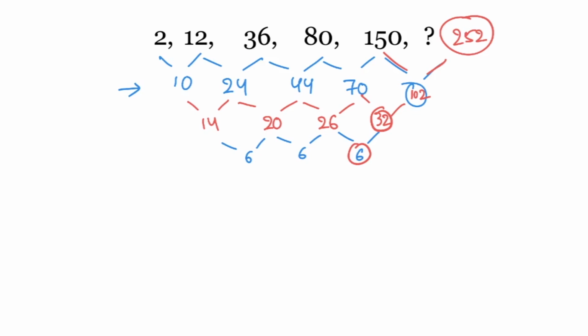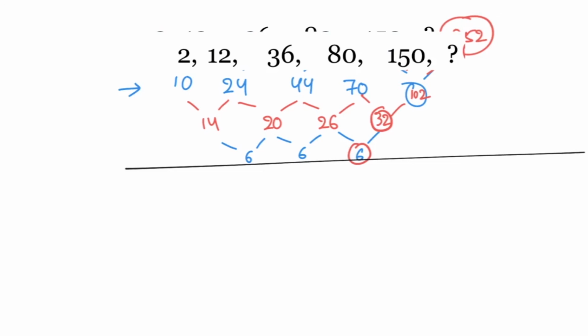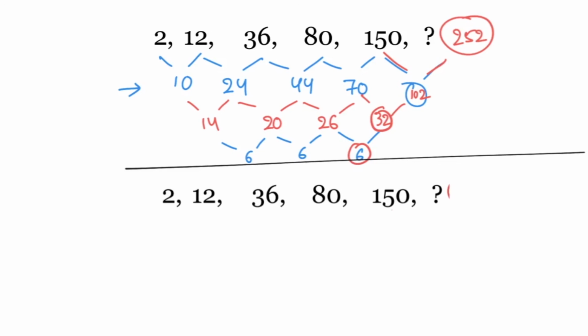Otherwise, if you can find the pattern, the given series is 2, 12, 36, 80, 150. 2 is 2 into 1. 3 into 4 is 12. 4 into 9 is 36. 5 into 16 is 80. 6 into 25 is 150.